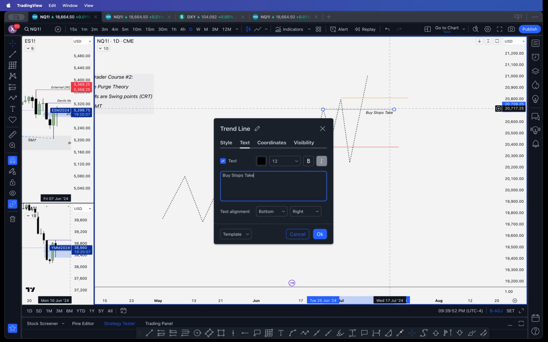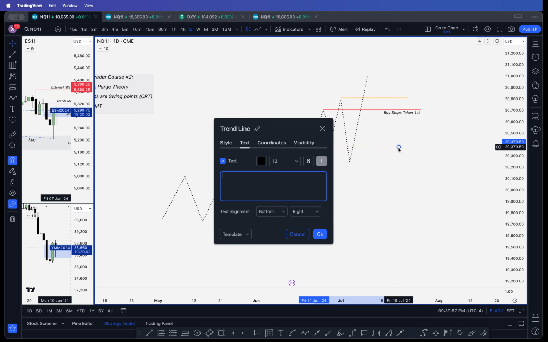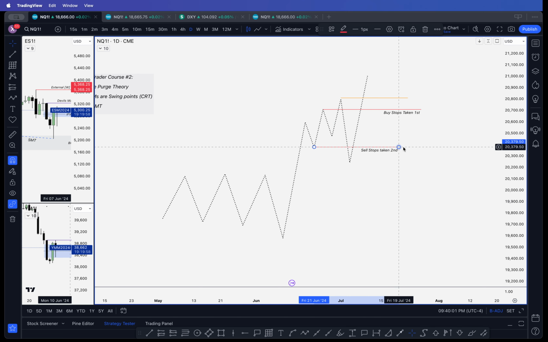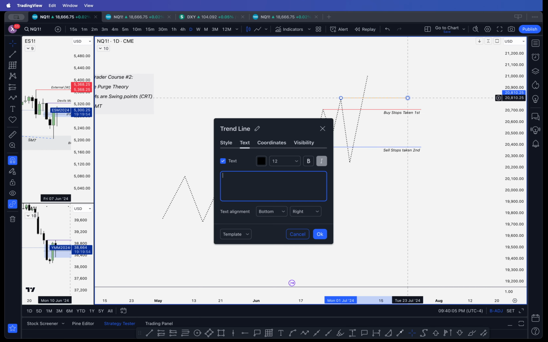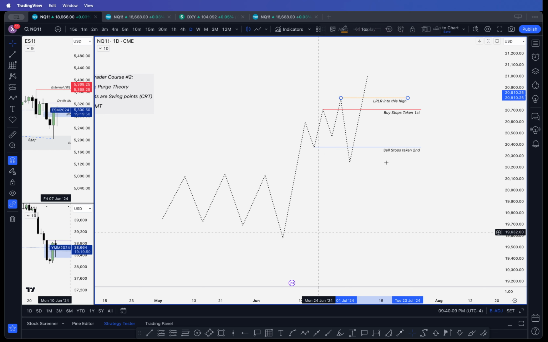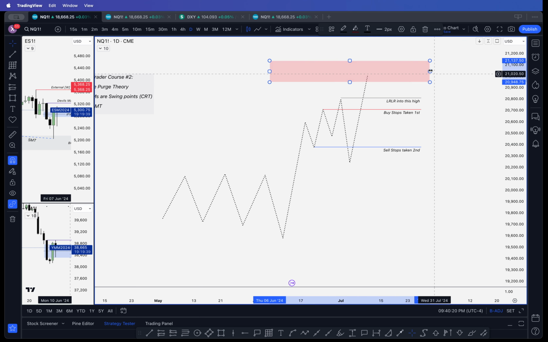Buy stops taken first. Sell stops taken second. And we create a low resistance liquidity run into this high. Now this is only impactful to the extent that there are two more conditions on price. The first condition being there is a higher time frame draw on liquidity.